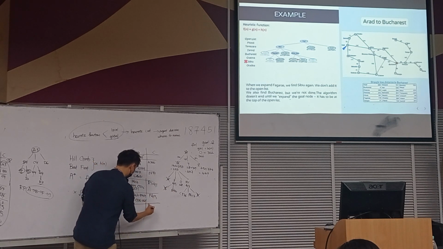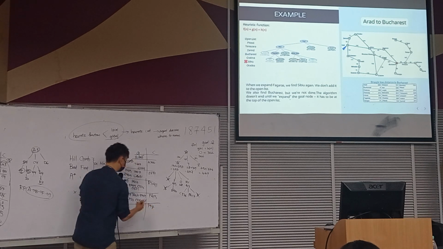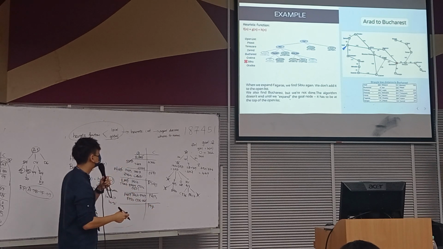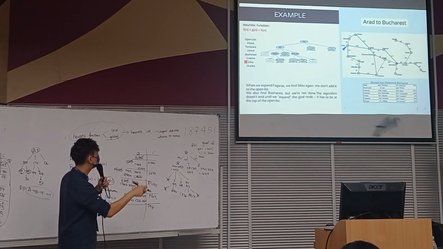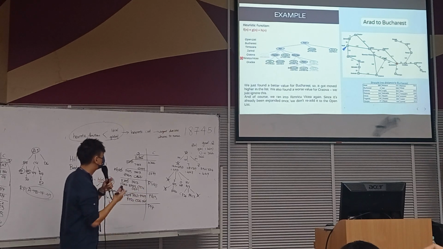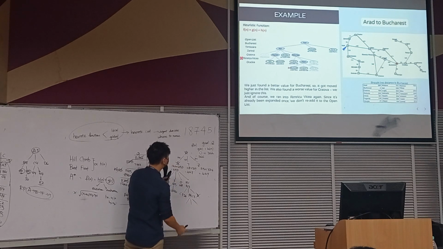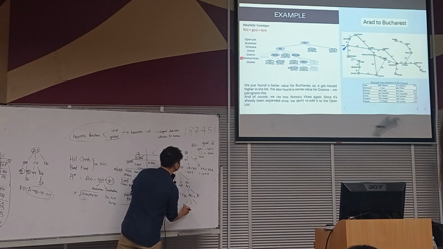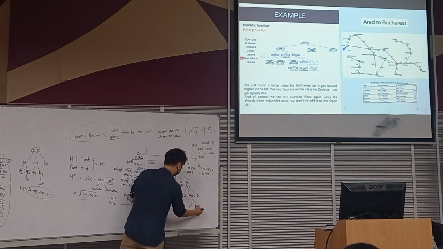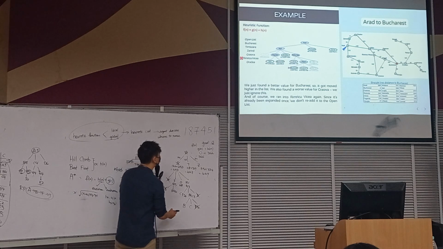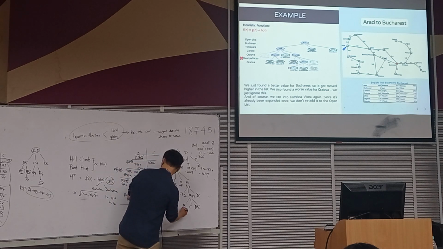Okay, we expand P 417. If we expand P, it will give you 3 different places: B, C, and RV. Because RV was expanded before, we don't travel again, repeated state. So we have B 418 and C is 615.